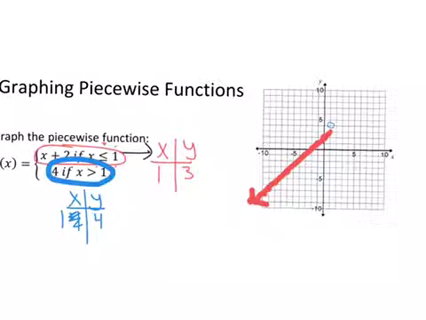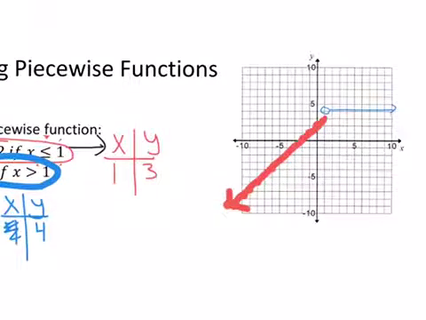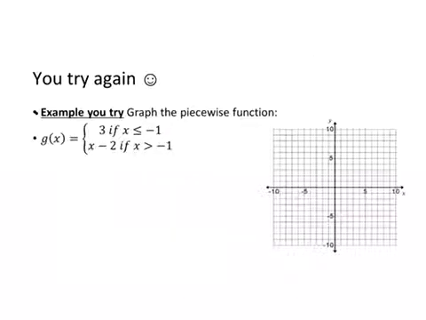Greater than 1 means we want to go in a positive direction for x, and because y equals 4 is a horizontal line, we just draw our line. And there's our graph. Take a minute or two and try this next problem.